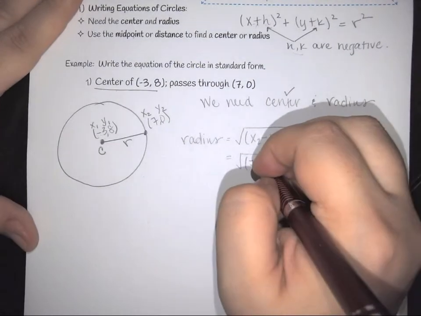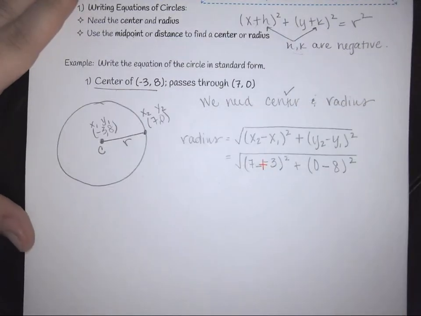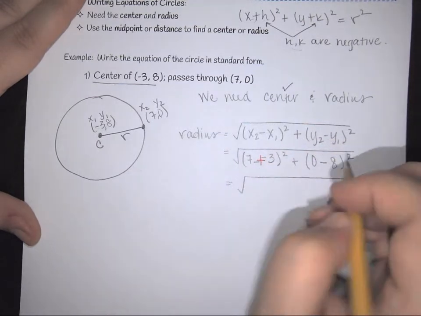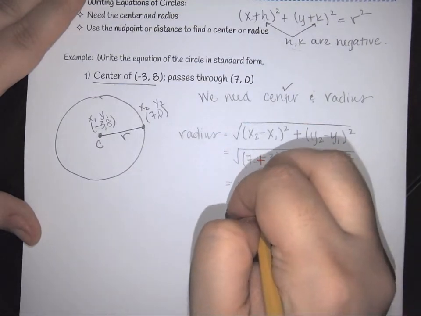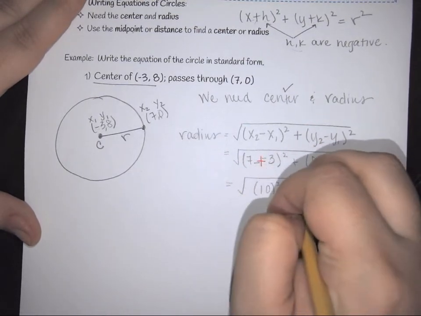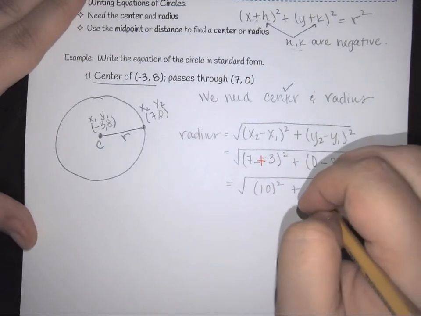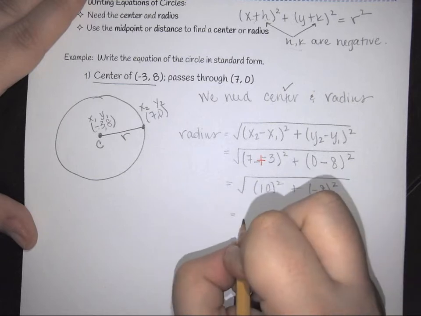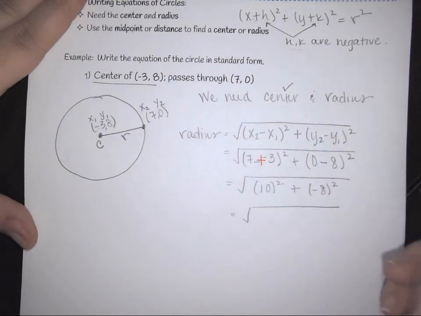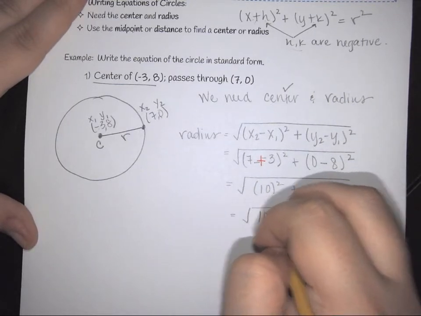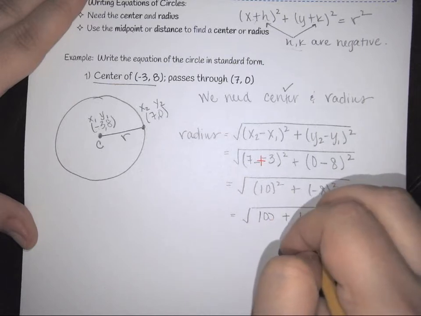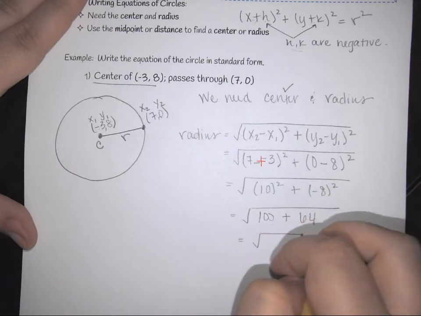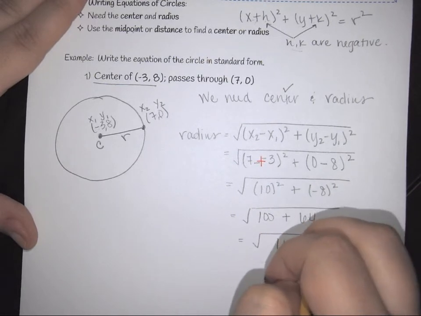I have minus a negative, so that's the same as plus. So this is going to be the square root of 7 plus 3 is 10 squared, and then 0 minus 8 is negative 8 squared. Square both of them: 10 squared is 100, 8 squared is 64. So this here is going to be 164.